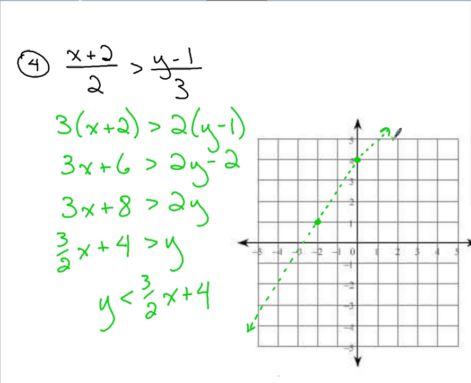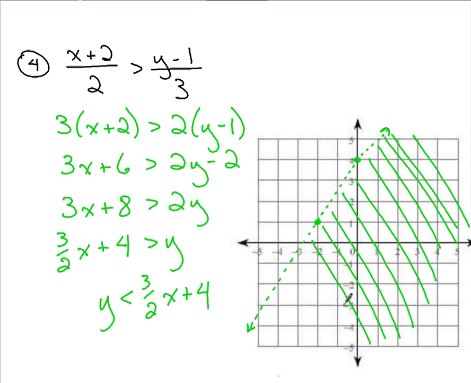We got the dotted lines through the points. We know it's less than, so we're shading to the low side of the y-axis. Oh, we got a lot of lines here. A lot of coloring to be done. That shaded region, again, is your solution.